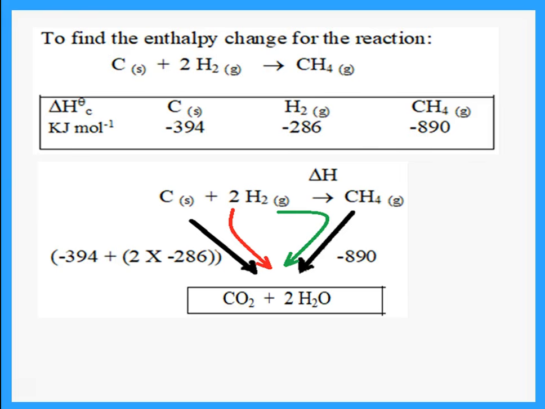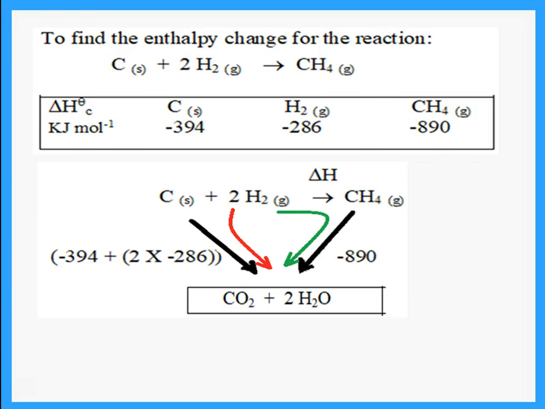Carbon plus hydrogen to give carbon dioxide plus water. How can I go? I can either go with the green arrow, carbon plus hydrogen to give methane, and then burn the methane to give carbon dioxide plus water. Or I go directly and burn carbon plus hydrogen to give carbon dioxide and water. Now, the total delta H following the green arrow should be the same as the delta H following the red arrow.